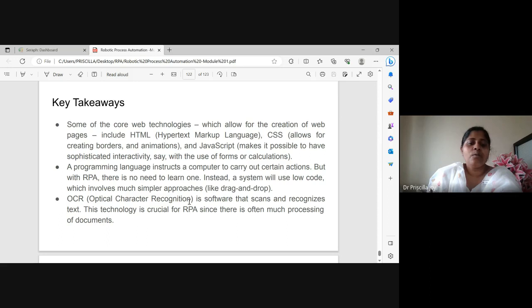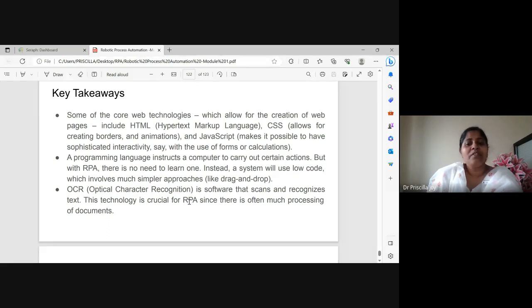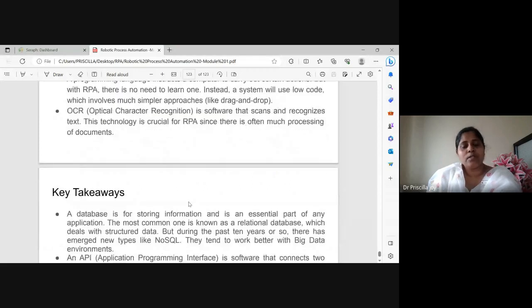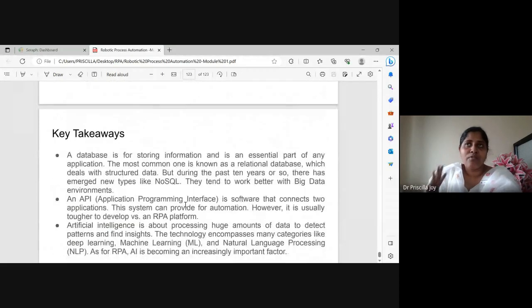To carry out the OCR, that is optical character recognition, we'll be scanning and using the recognition available in Microsoft Azure. And in addition, we'll be using databases. Mostly the common one we are using is NoSQL, where we'll use MongoDB and the like.